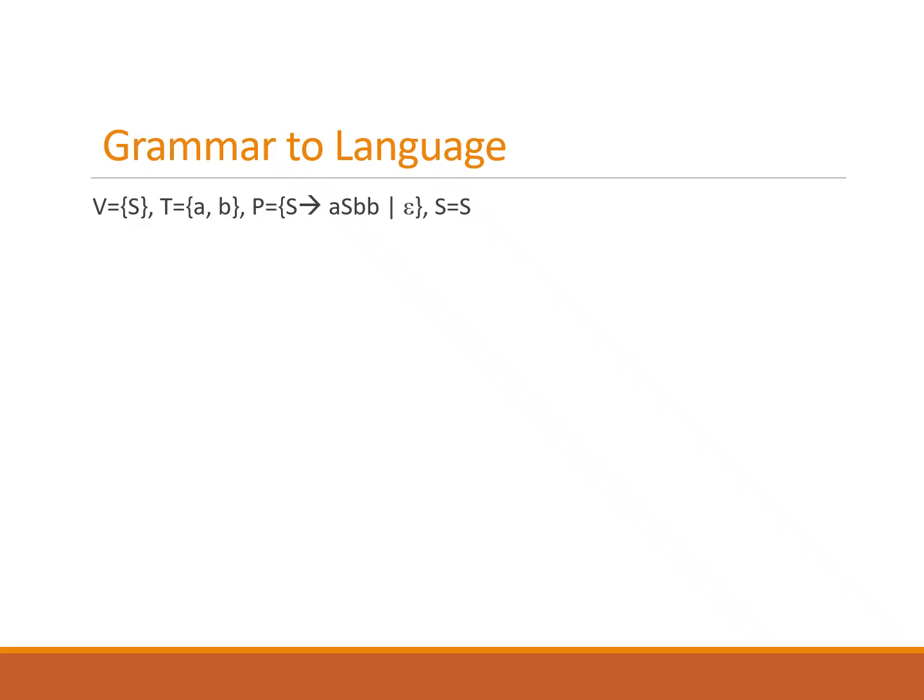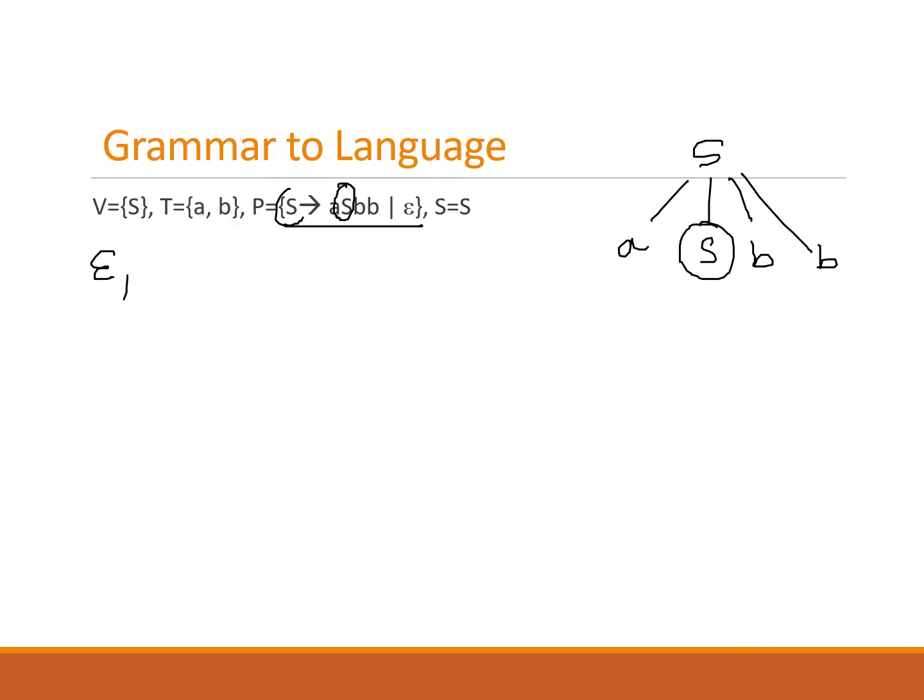Now looking at the next question, here we have the minimum string as epsilon. And then let us try to expand it using ASBB. Now, as I have told you in the previous question, if I have the same non-terminal S repeating on the right hand side, it means that we are creating recursion.